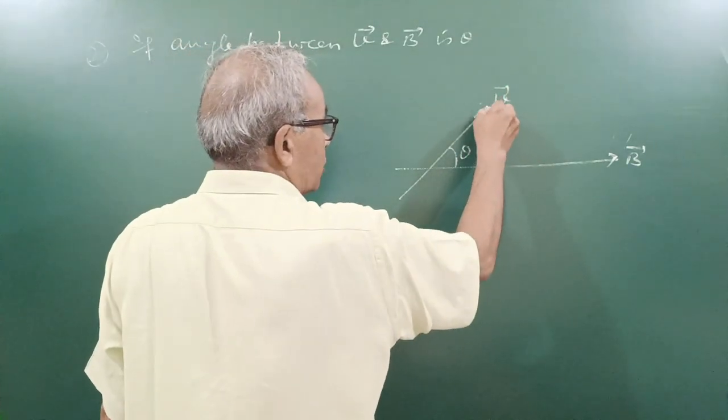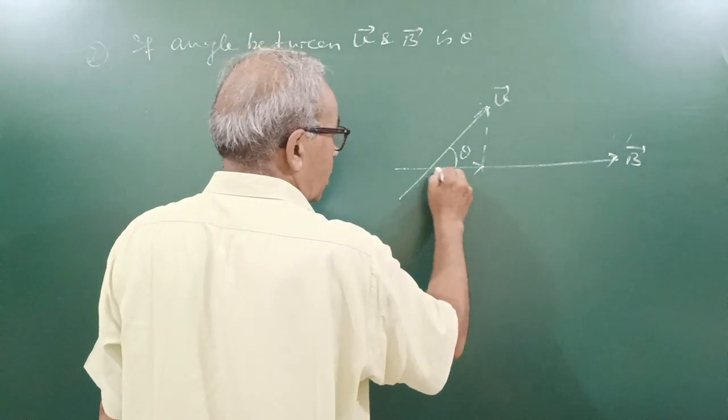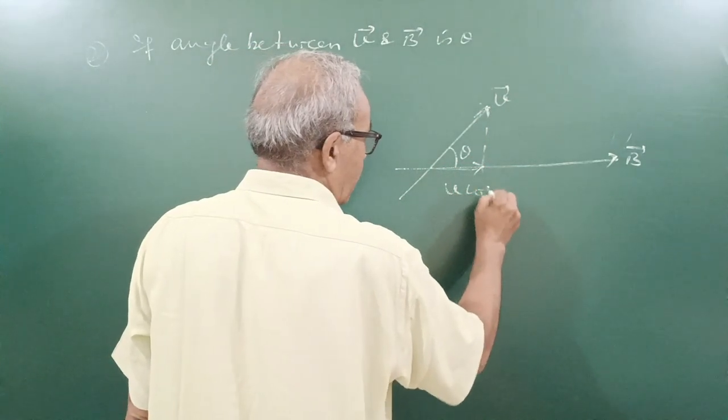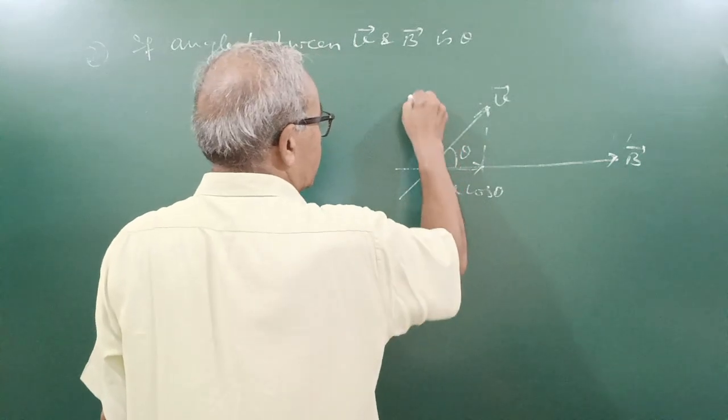So now velocity can be divided here into two components. This component will be V cos theta, and this will be V sin theta.